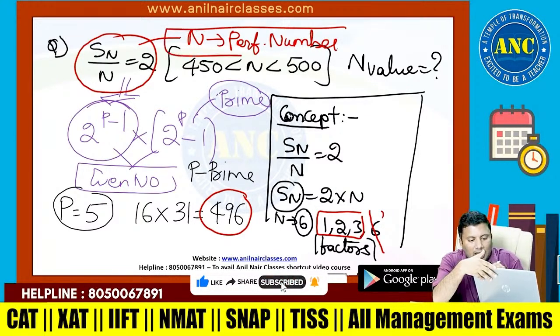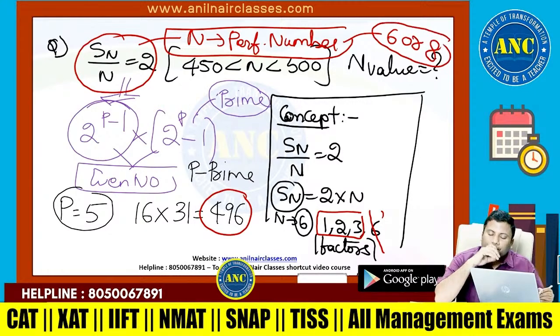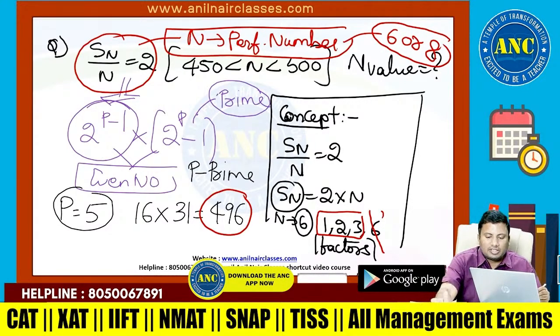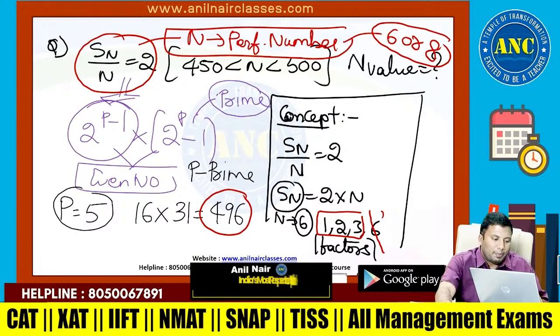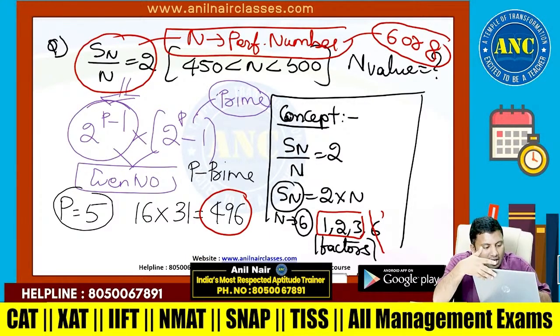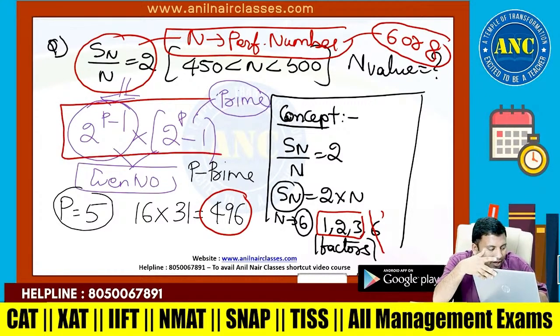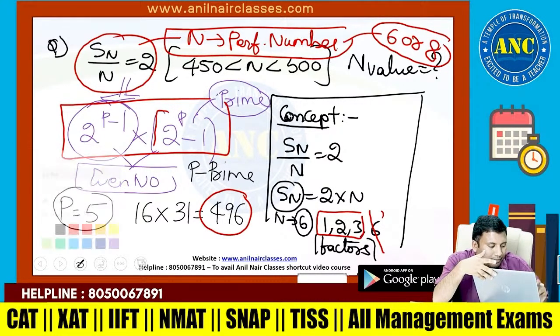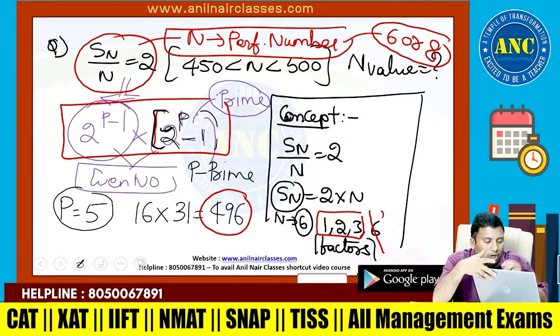Till now there are only a few perfect numbers which exist. Any such number will be of the form 2 power p minus 1 into (2 power p minus 1), where 2 power p minus 1 should be a prime number.